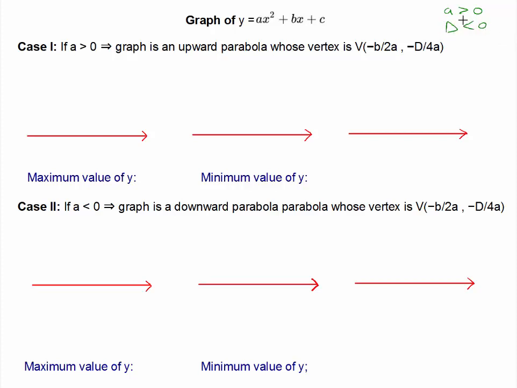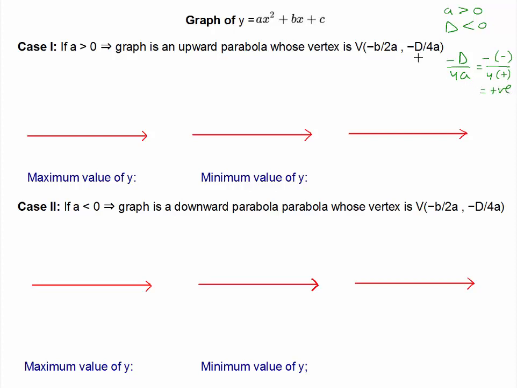Now if a is greater than 0 and D is less than 0, then minus D by 4a would be minus, now D is negative, so minus, and then divided by 4, which is positive, and a is positive, so plus. So if you multiply this, overall we will get a positive number.